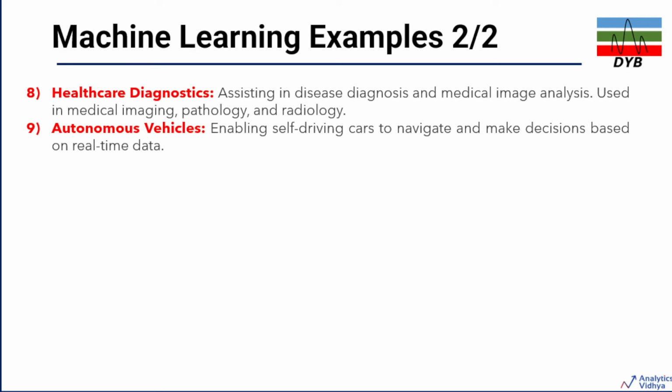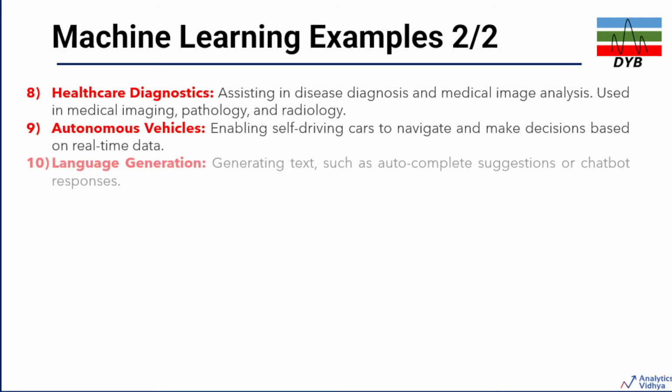Let's say you're driving on the road, and it will automatically take pictures of the surroundings and process them based on the previous information and learn from previous experiences.